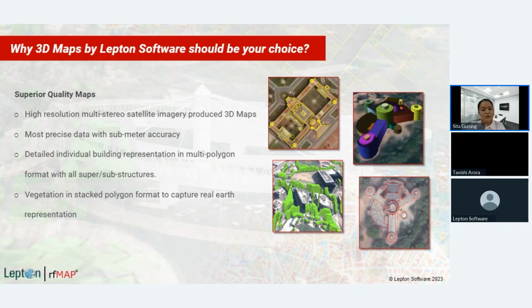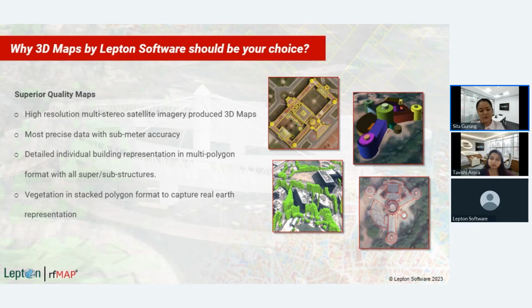Detailed individual building representation in multi-polygon format with all super and substructures. So as I have mentioned, we basically create a single building in multiple polygons. So we represent a single building in multiple polygon format. Why? In an actual scenario, you can see, right, your building will not be a single block of 4 walls.